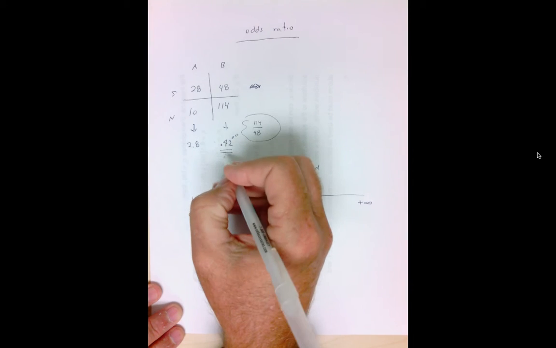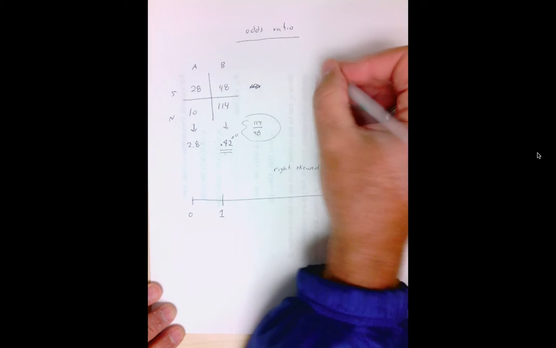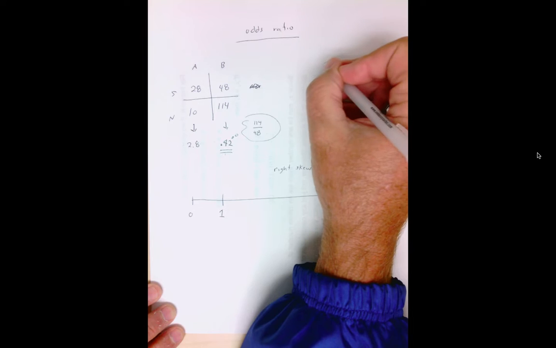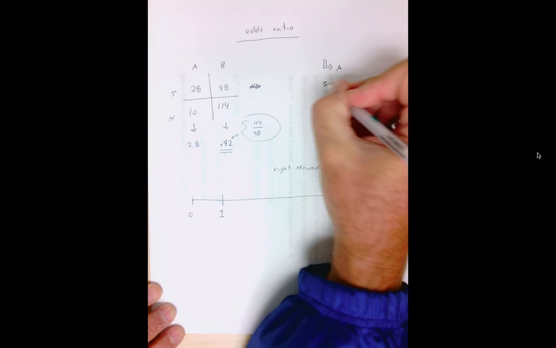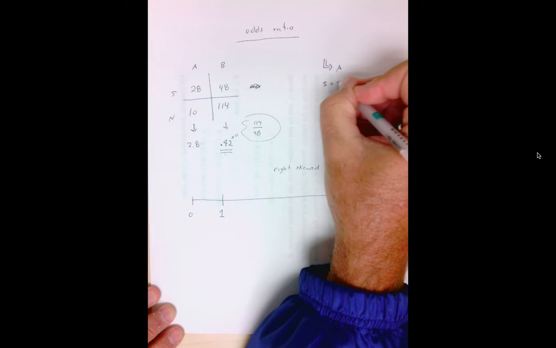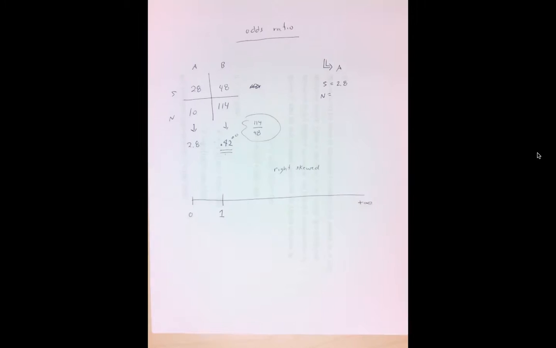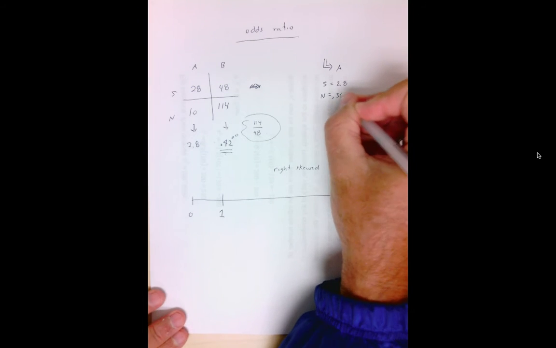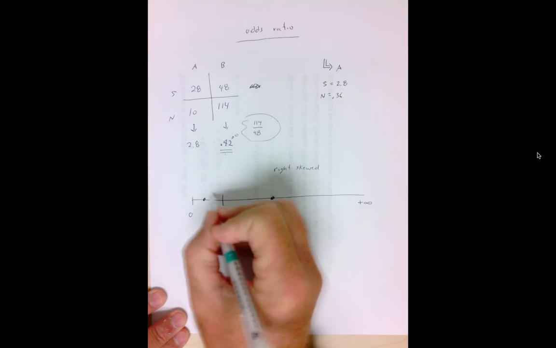So just for example, let's concentrate on just Professor A. The odds of success, as we saw, were equal to 2.8. The odds of non-success are 10 divided by 28, which is 0.36. So we have 0.36 and 2.8.